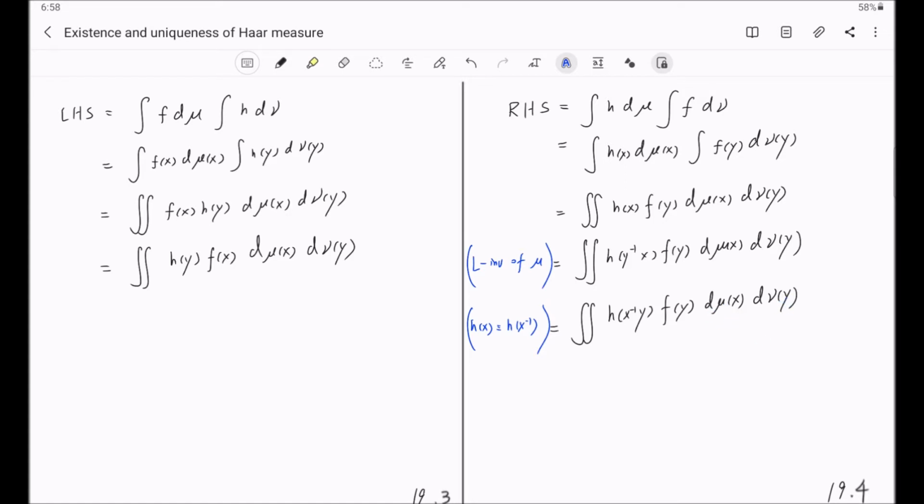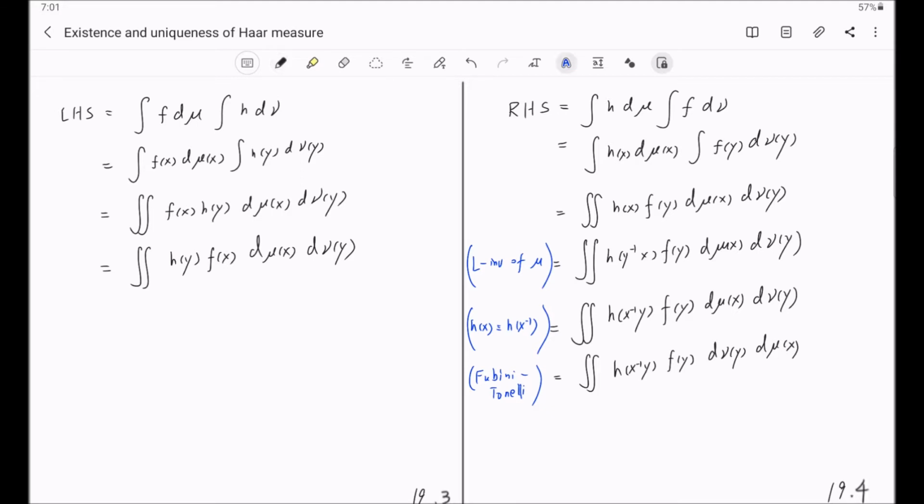That is a more natural step. So by Fubini's theorem, or Tonelli, Fubini-Tonelli, we can switch the order of integration. So this will become, the integrand is the same, but we'll first integrate against nu y and then mu x.